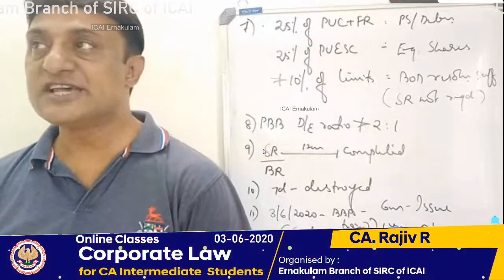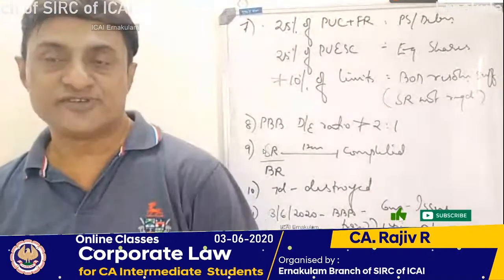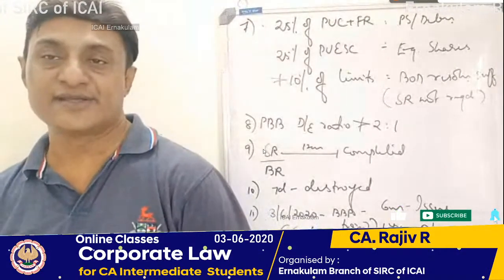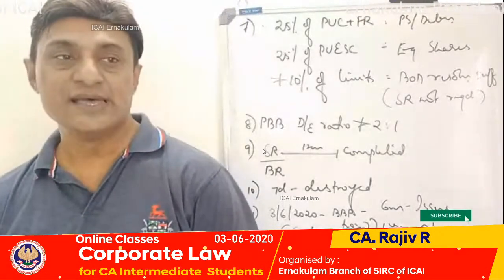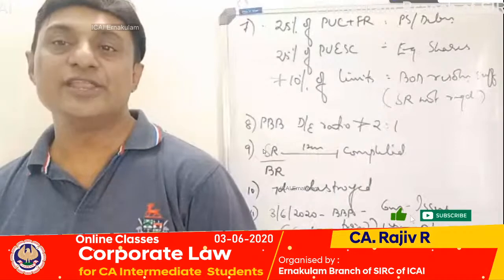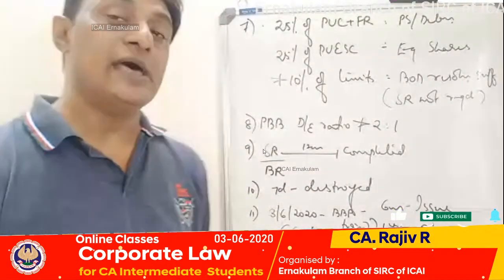Okay, so for another 6 months or 12 months, you can't do that. Issue of shares or buying back another set or series of securities of the same class. Because if the provision is not there, the objective is not fulfilled. Right? So this is condition number 11.